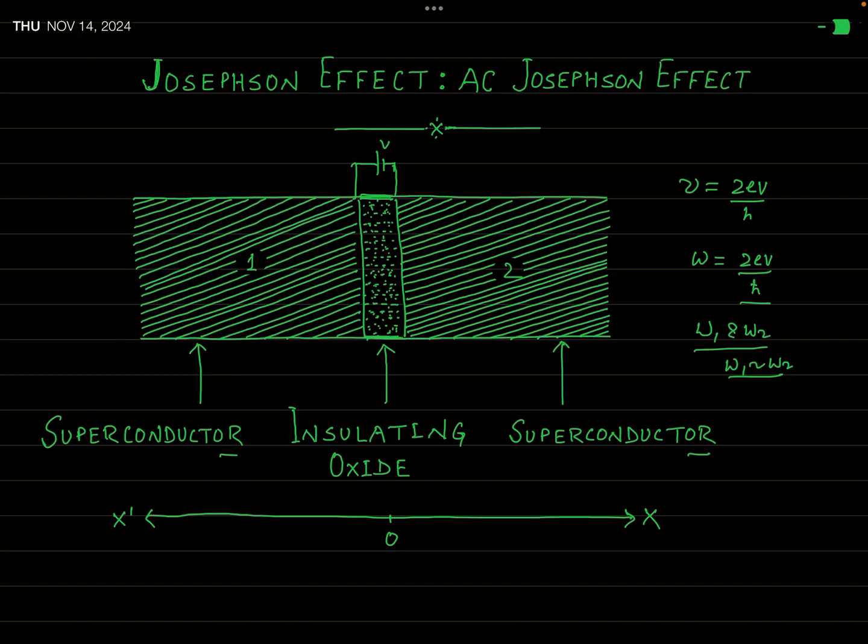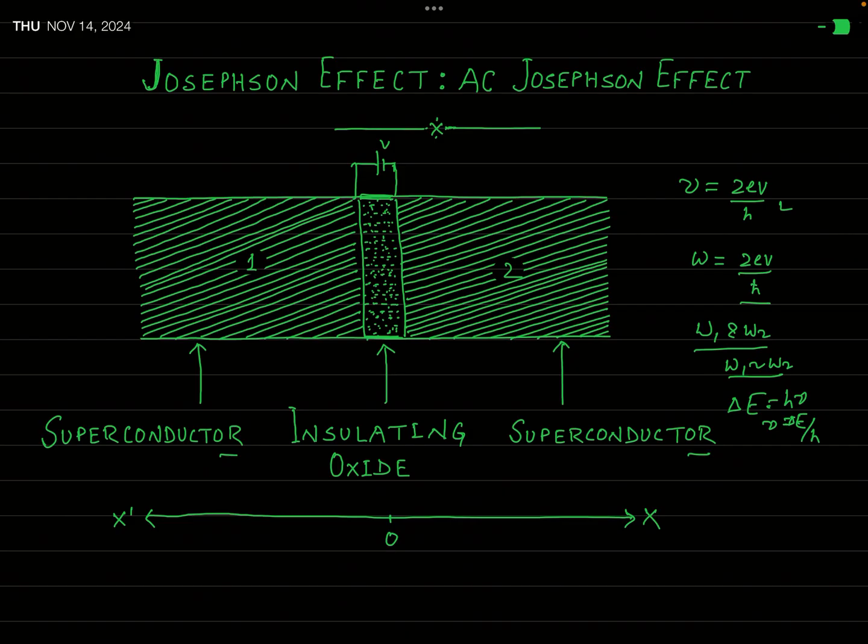And if the energy difference is 2eV, what will be the frequency difference? You know that E is equal to h nu, so nu will be simply E over h. If this energy difference is equal to 2eV, then the frequency will be 2eV over h.